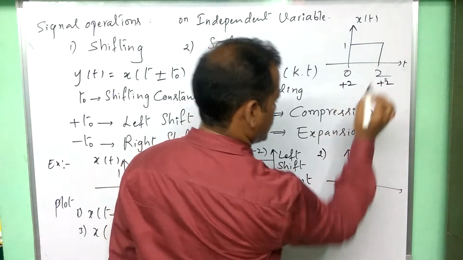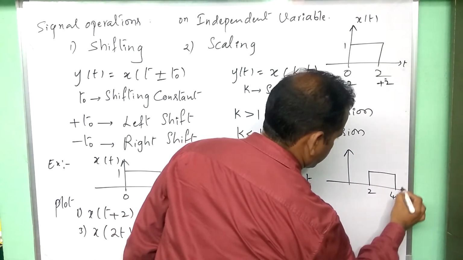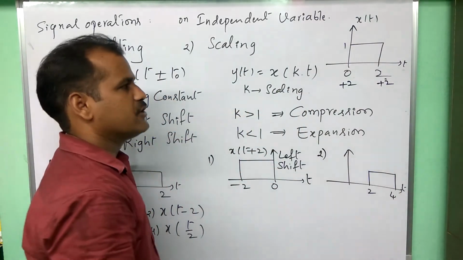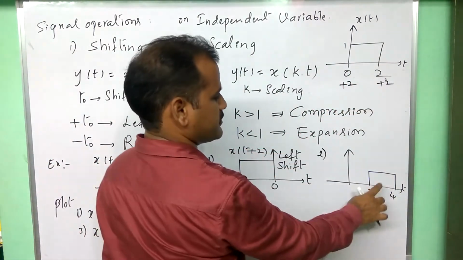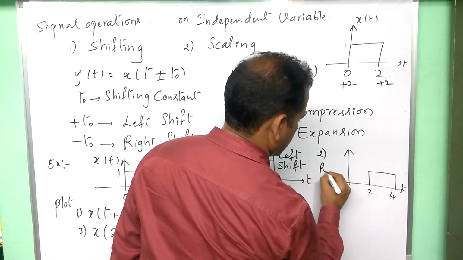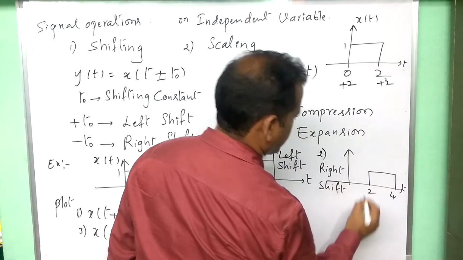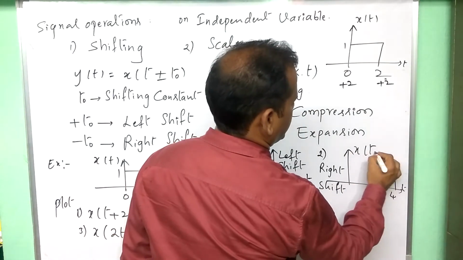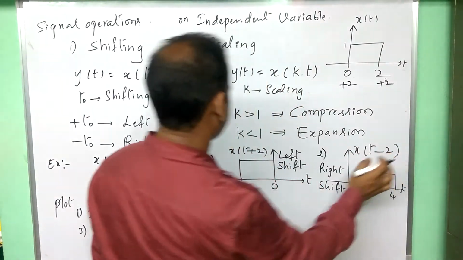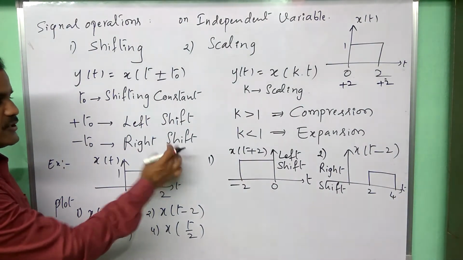So the signal exists from 2 to 4. When compared to the original signal, this signal is shifted rightwards. That is why this is called right shifting of the signal, and the name of the signal is x of t minus 2. When minus sign is there, it should be treated as the right shifted version.